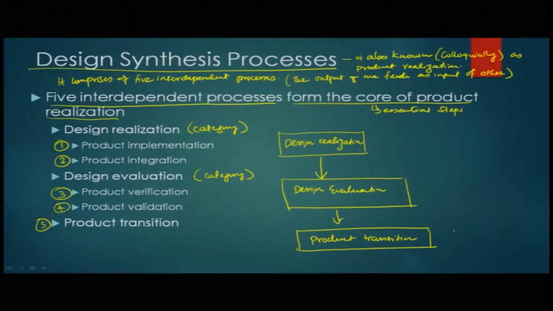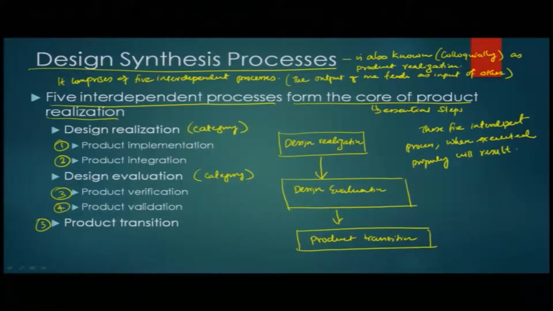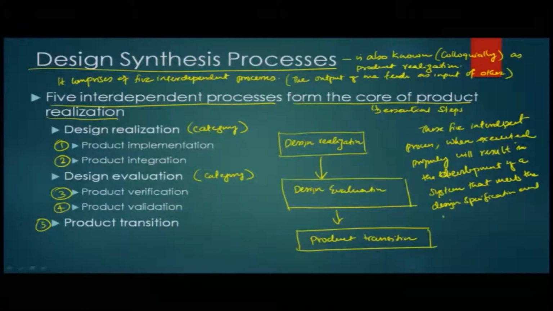Okay. So, the aim is that these 5 interdependent processes, when executed properly, will result in the development of a system that meets the design specification and stakeholder expectation.